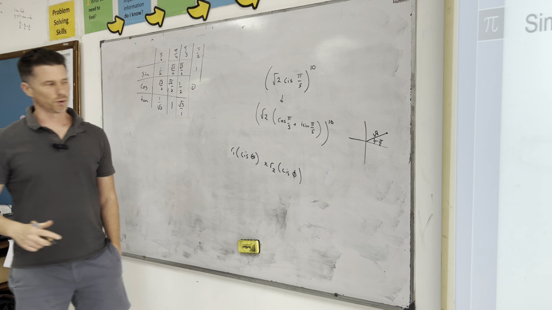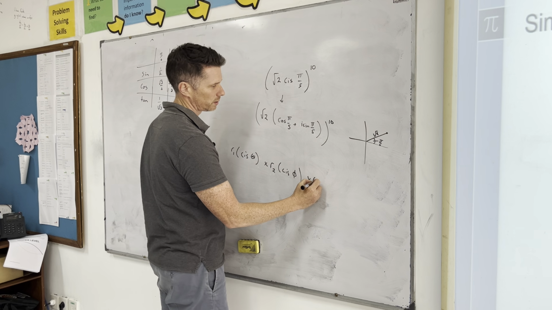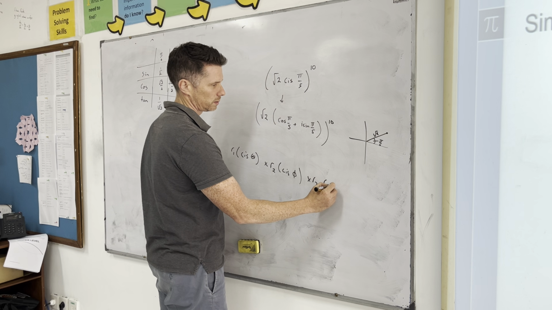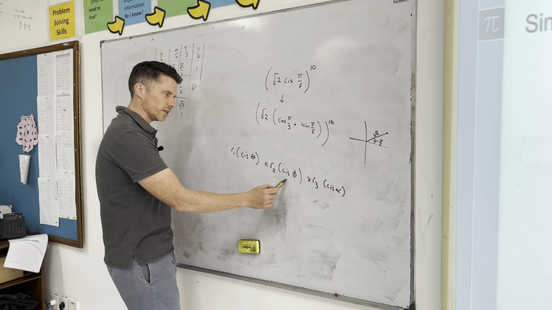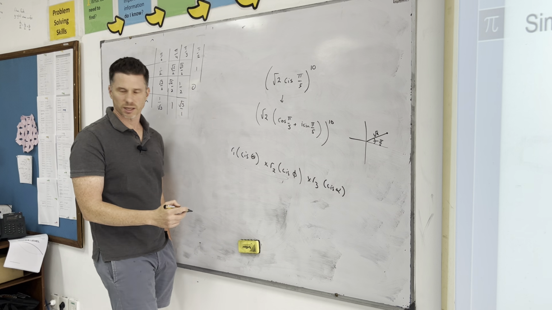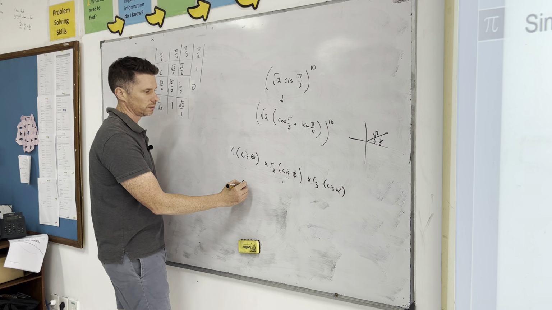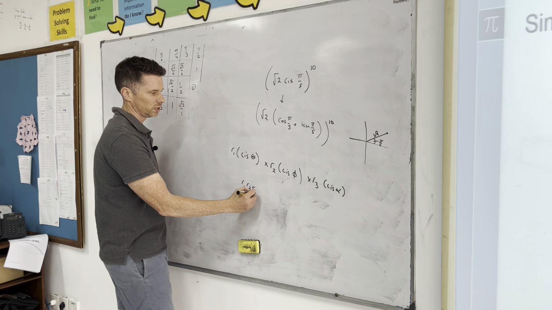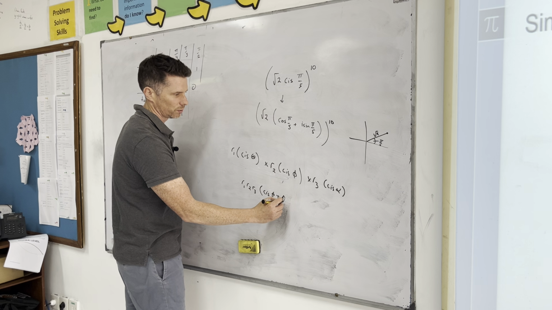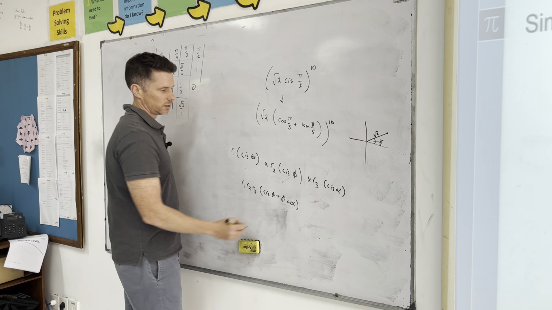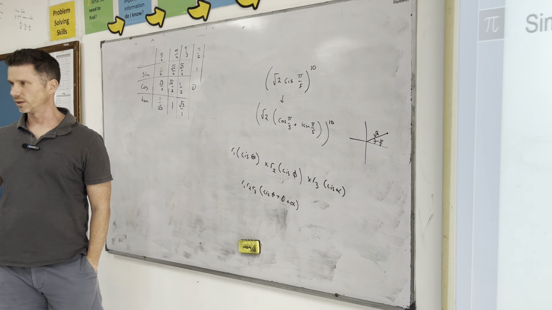What happens if there's a third one? You get the answer to this and then multiply it by that, which ends up being R1, R2, R3 in front, and then add the third argument, and so on, to infinity.